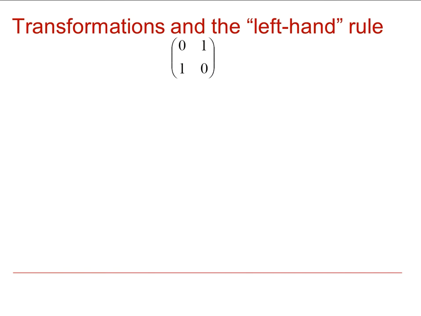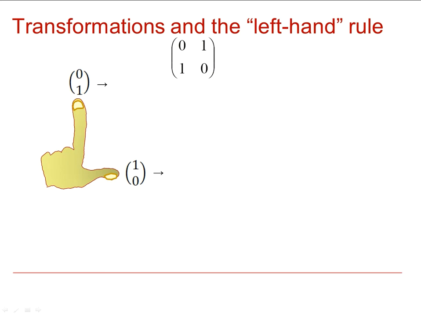For any of the transformations you need to be able to determine the matrix that does the transformation, or conversely, given a matrix, determine what transformation that matrix is going to do. Fortunately there's a way that we can do this quite straightforwardly, and it's referred to as the left hand rule. If you hold your left hand with the back of the hand facing you, then the thumb represents the vector (1, 0), and your first finger represents the vector (0, 1).